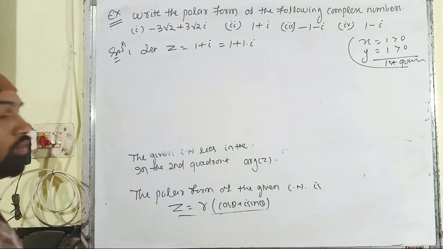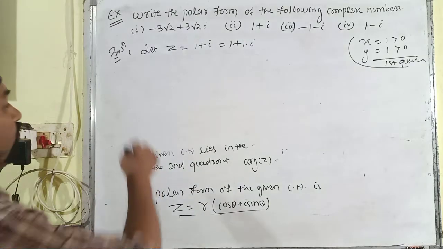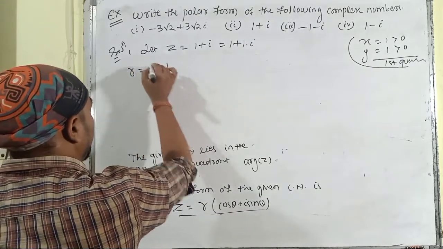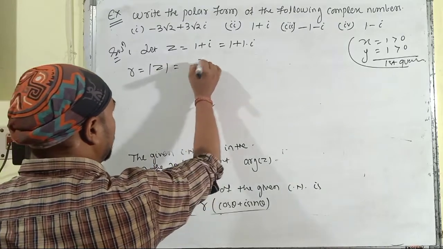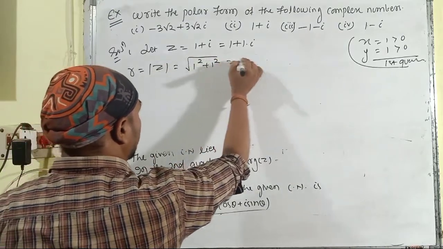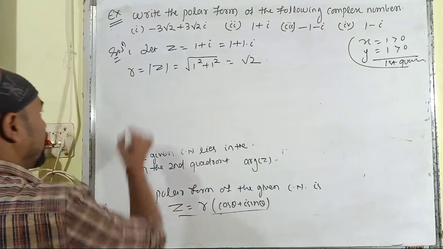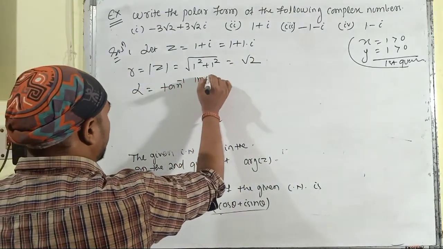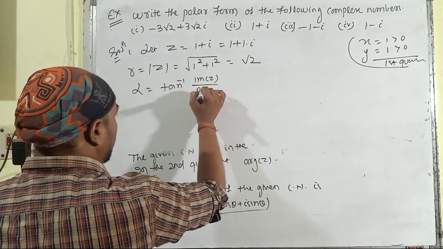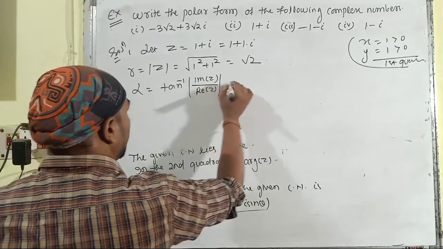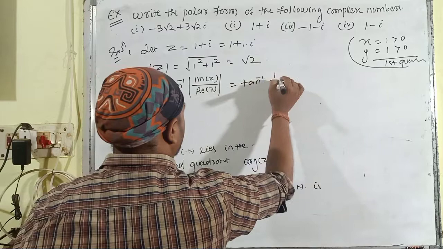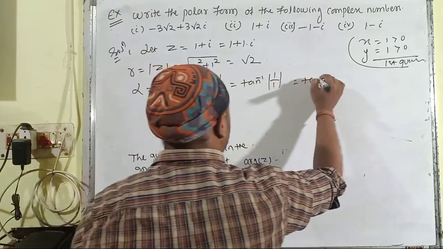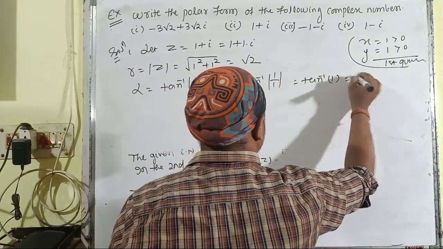So first of all, we have to find out the value of r here. r is equal to the modulus of z, that is 1 square plus 1 square, and its square root, that is equal to root 2. Then we have to find out the value of alpha, that is tan inverse of the imaginary part of z divided by the real part of z, and this is equal to tan inverse 1 by 1, that means it is tan inverse 1, and this is pi by 4.